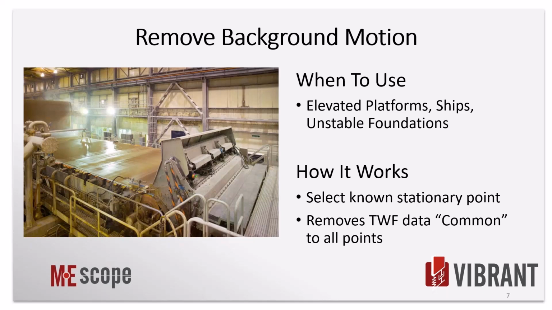So when to use this, we talked about elevated platforms a lot, paper mills, things of that nature, where you have multi-story machinery and you need to test things that are higher up. Obviously, when you set the camera on the platform, if you're several stories up, that platform is going to be vibrating. So we want to get something in the background that we can select, as we know that it's not moving, or it's moving the same amount as the platform itself. And then we want to select those, and we'll remove that background motion, and it'll take it out of the structure as well. And we'll show how to do that.